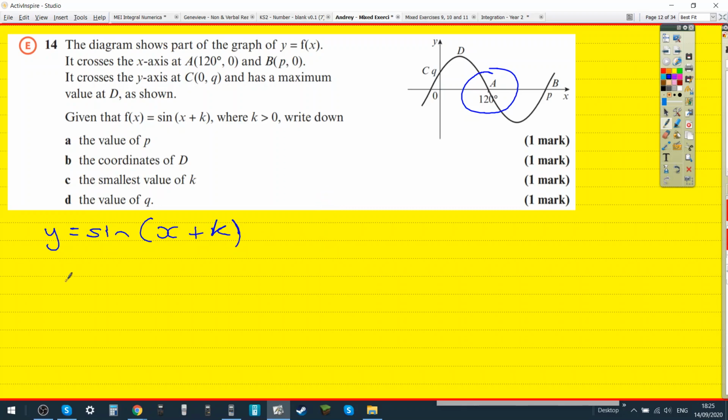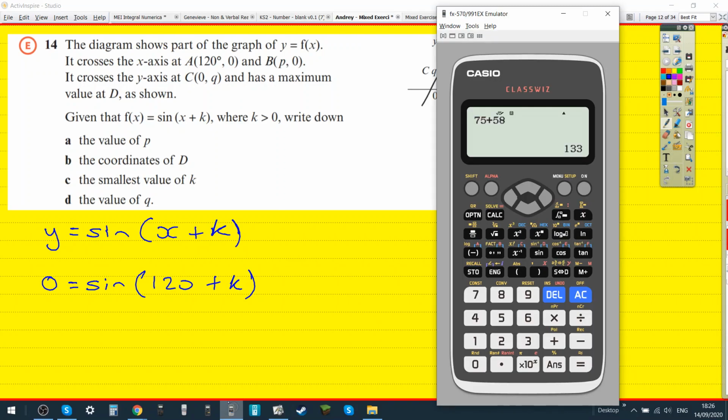So I need to do 0 equals sine of just K, I think. What is the x coordinate? 0, 120, sorry, 120 plus k. Then put that into my calculator.